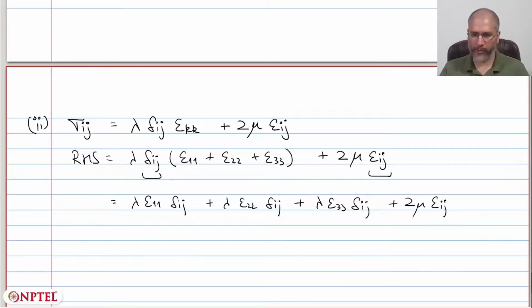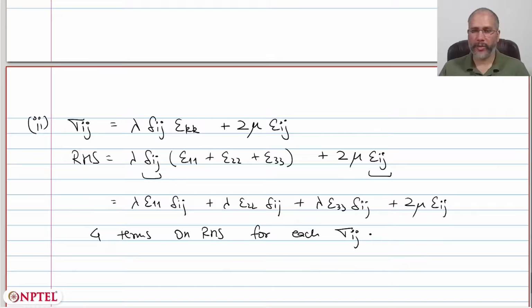So we have a total of 4 terms on the right hand side for each sigma ij.